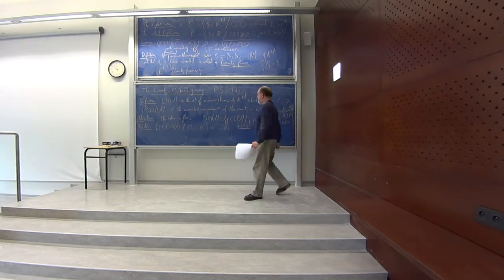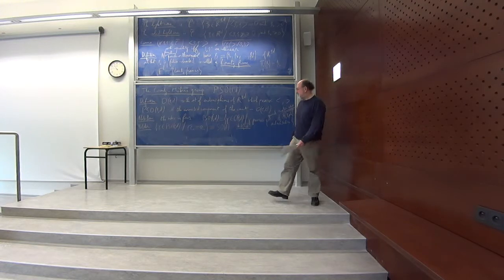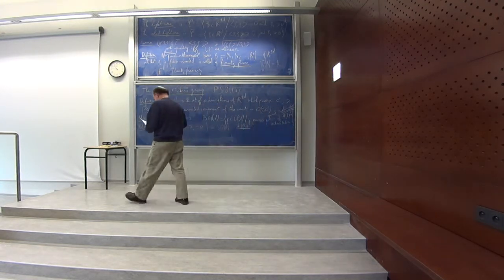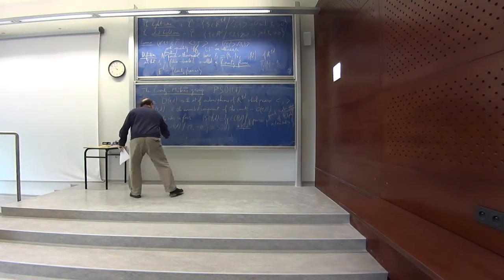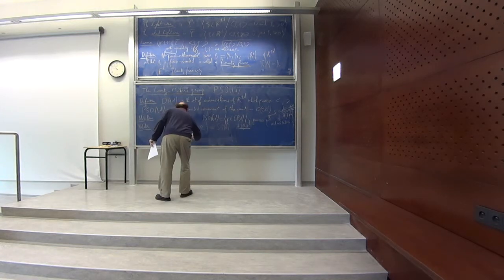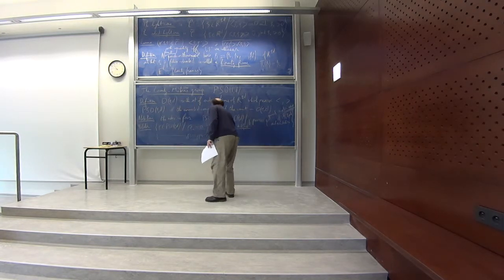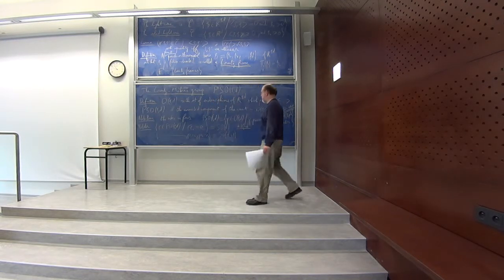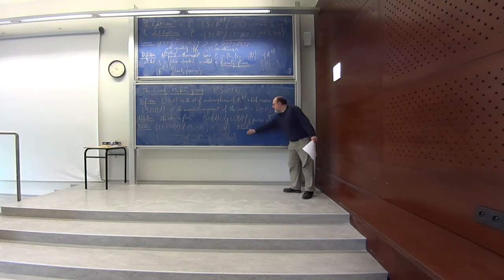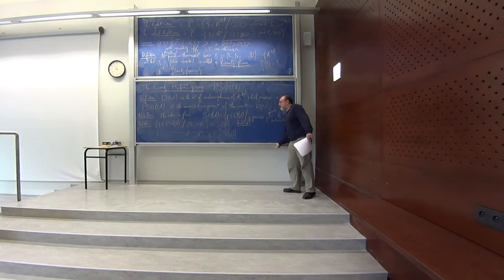And of course, if it also preserves the first vector, it will be SO(d-1). I identify this.